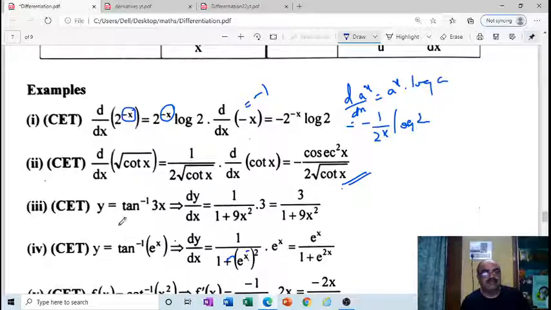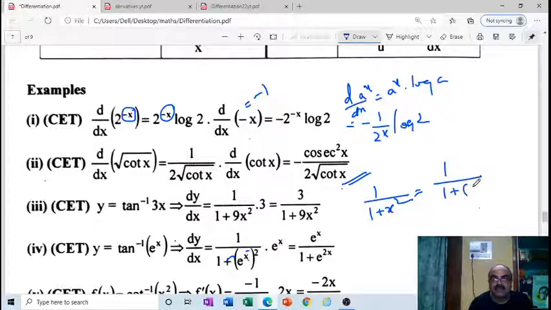Third one, y equals tan inverse of 3x. Differentiation of tan inverse x is 1 by 1 plus x square. Now what is the value of x here? 1 by 1 plus 3x the whole square.